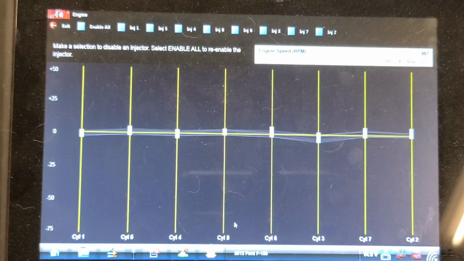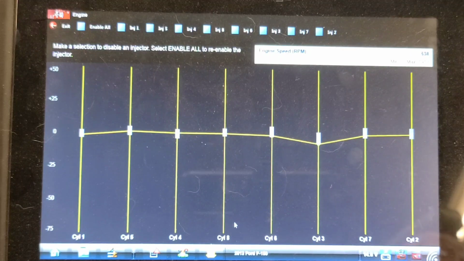Looks pretty smooth, and it feels pretty smooth. I probably invalidated the test by shutting it off and restarting it. Although it seems to be showing slightly weak on cylinder 3, but definitely not misfiring.